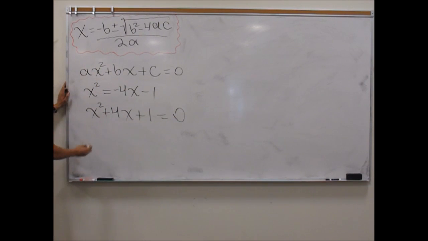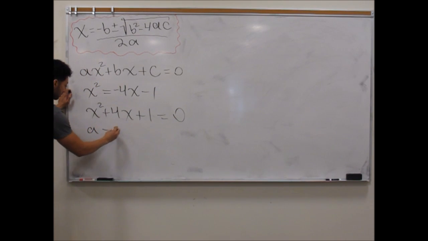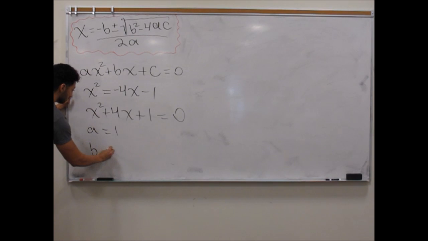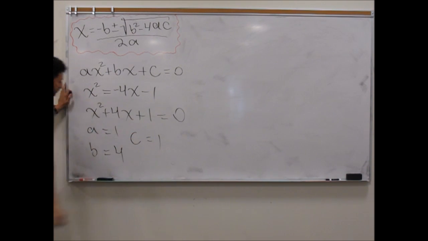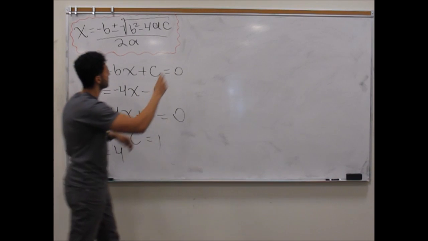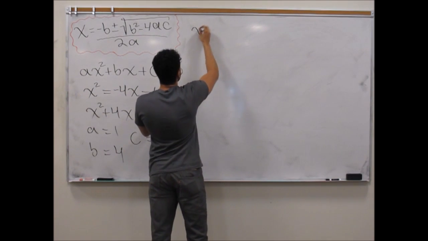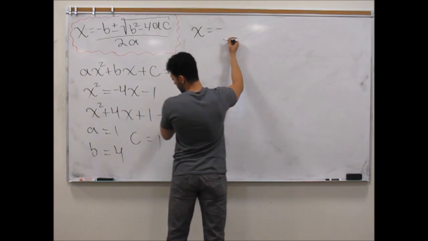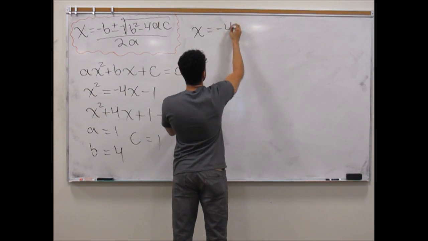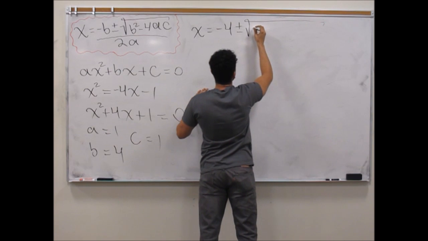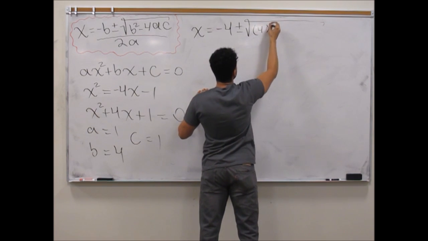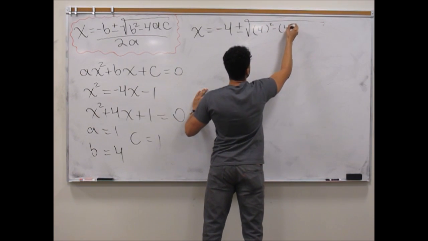Now I can see what my a, b, and c are. A is equal to 1, b is equal to 4, and c is equal to 1. So let's plug it into that formula and see what happens. So you got x is equal to negative, b was 4, plus or minus the square root of 4 squared minus 4.